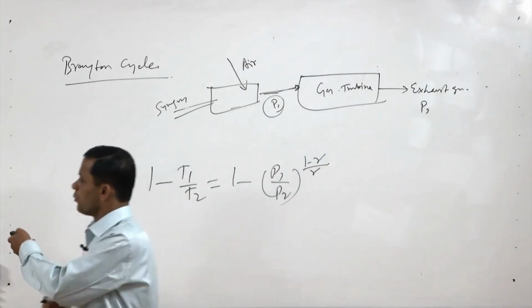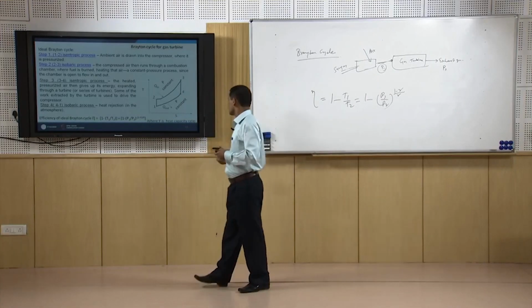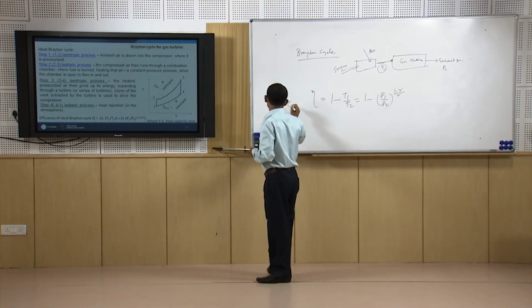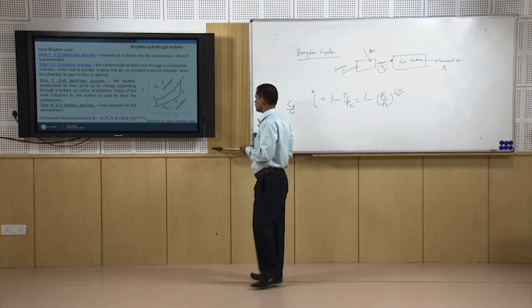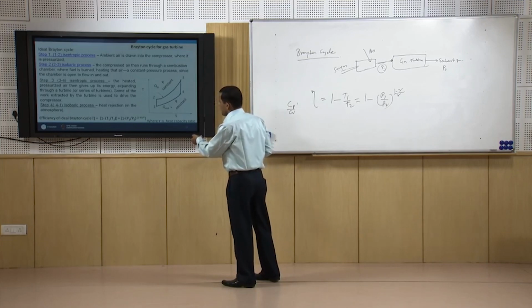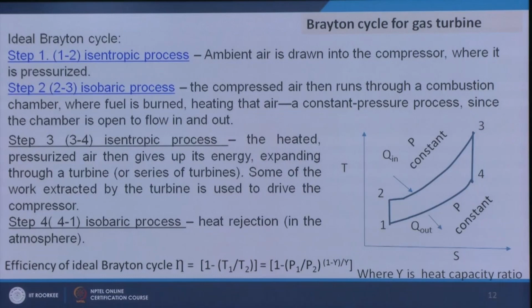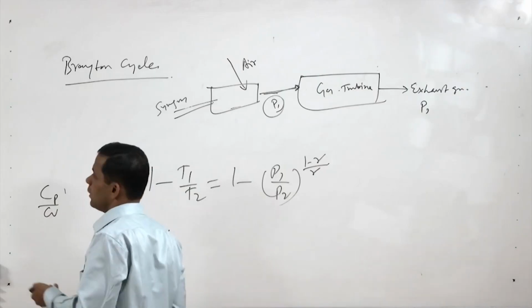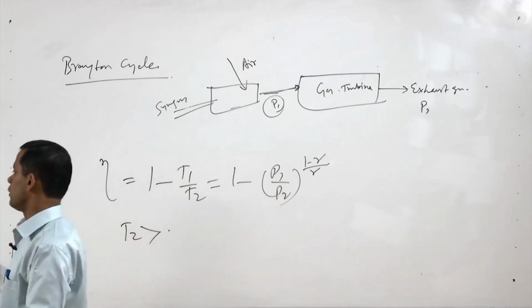This gamma is the heat capacity ratio, that is, the ratio of specific heats at constant pressure and constant volume, Cp and Cv. So, from this expression we see that if the T2 value is very high, then efficiency will be higher. Similarly, if the P2 value is high, then also efficiency will be higher.